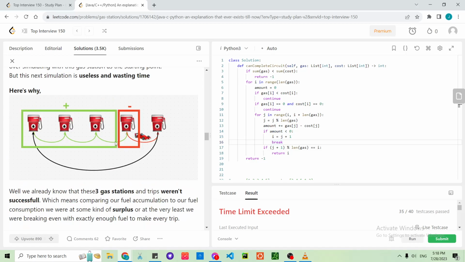So as long as the total sum is positive, okay, so if the total sum is positive, then we know there is a solution and it's unique.